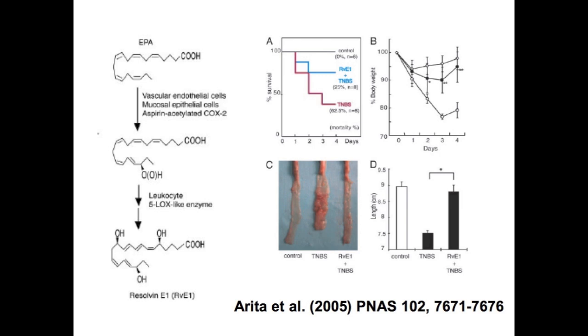The animals lose body weight, a lot of them die, and the colon changes its length and morphology. If resolvin E1, a chemical produced from eicosapentaenoic acid, is administered, the body weight reduction isn't so much, the survival is increased, and the change in colon length and morphology isn't seen.